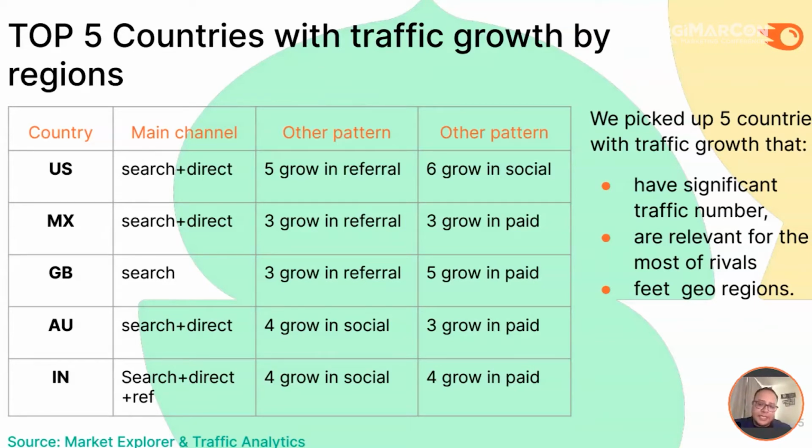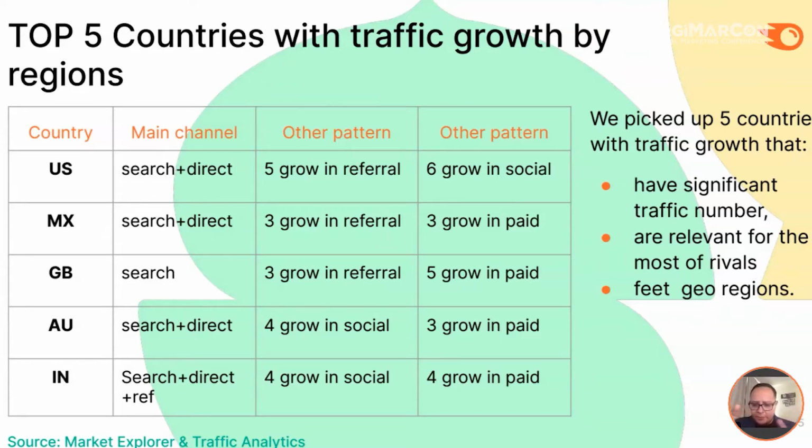Then we see that the countries that are really relevant in terms of search traffic are the United States, Mexico, Great Britain, Australia, and India. And then we need to see what other strategies they are following: direct traffic, referral traffic, how many of them are growing socially, and how many of them are growing paid traffic.